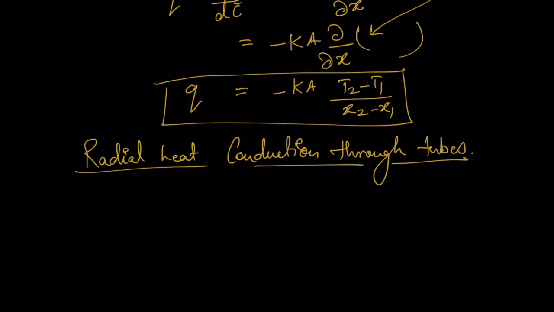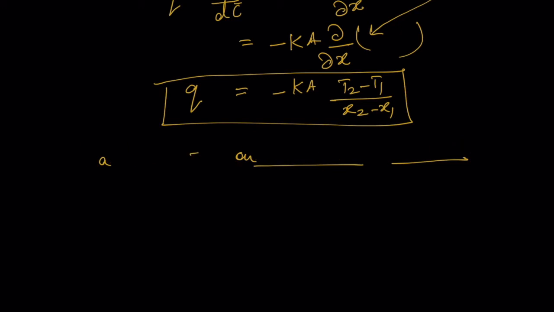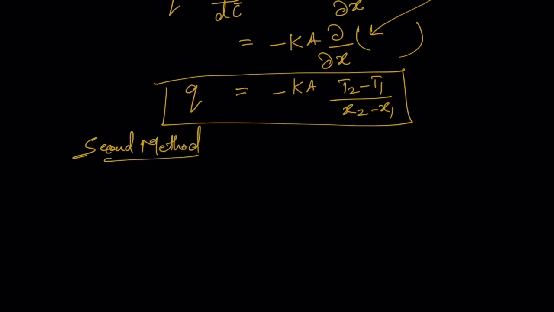Okay, I forgot, we can do with one more method. Actually, let me complete that one. So another second method, you can arrive at this equation. And what is the second method?